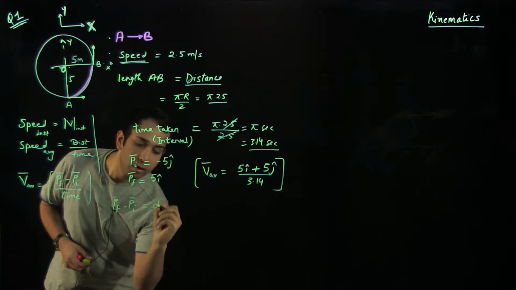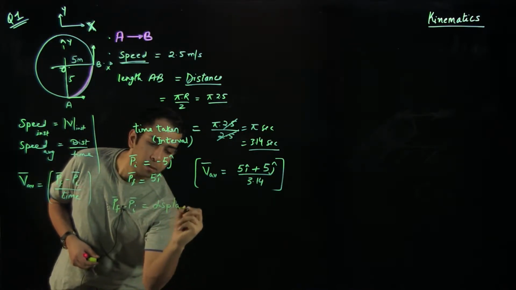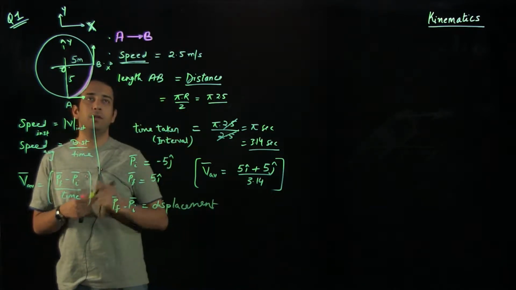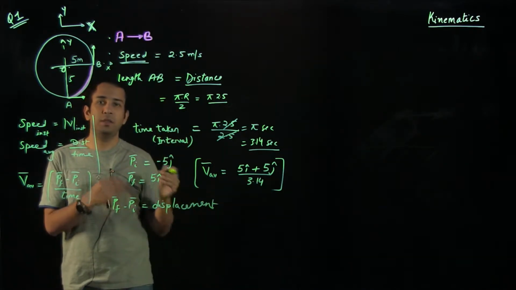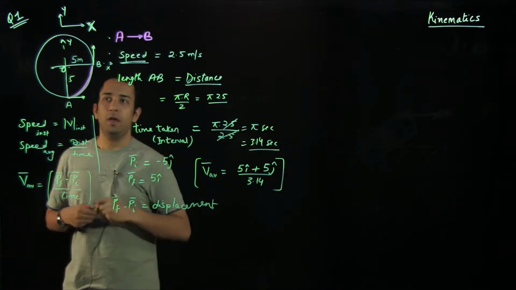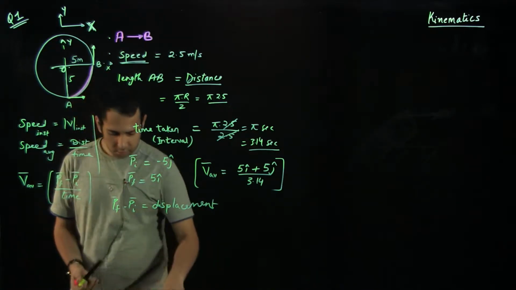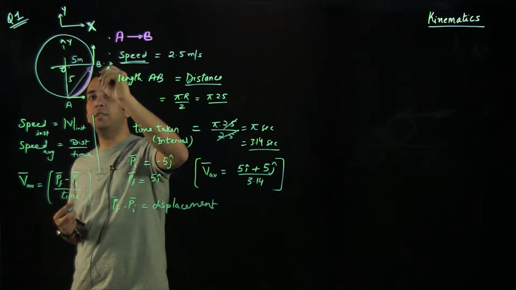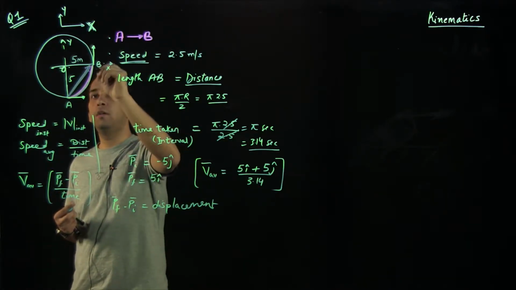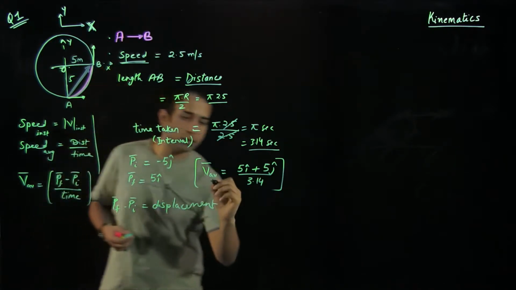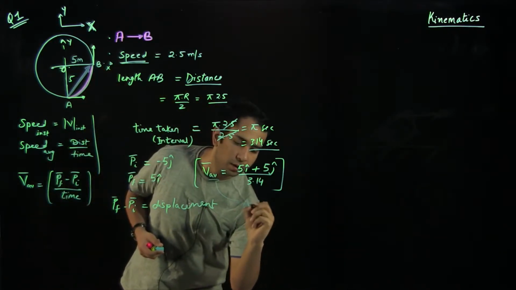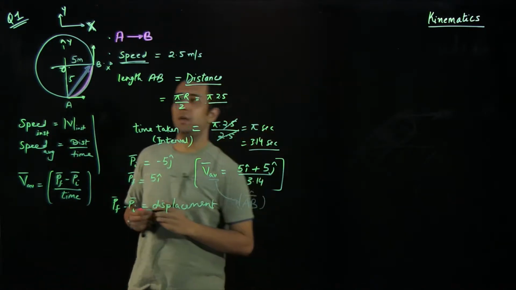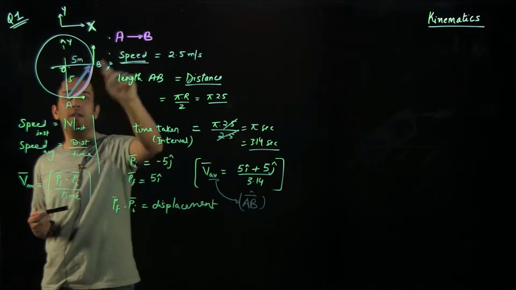That is nothing but the displacement vector, the final position minus initial position, which is the vector joining the initial and final positions. So the direction of the average velocity is the same as the direction of the AB vector.